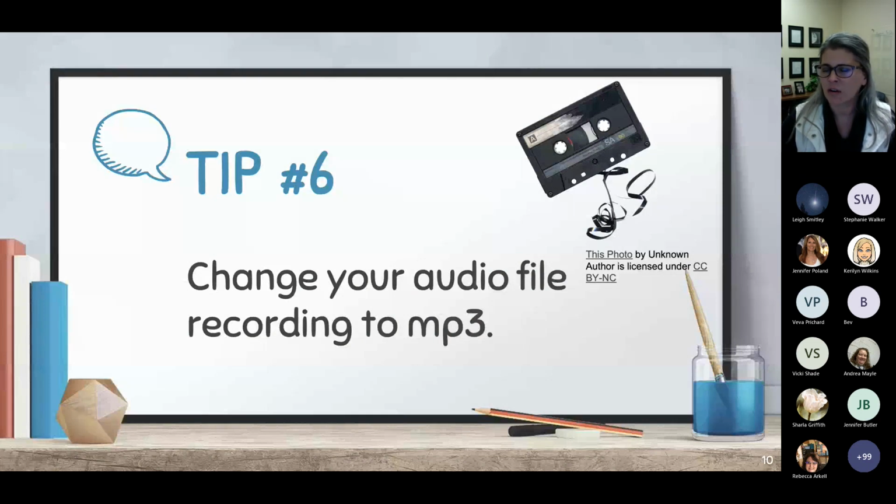But we're getting a lot that are actually video files. We can't transcribe video files. So we're having to go in and change the format of those recordings. It slows our process down a little bit because now we have to do an extra step in the transcription process, whereas if they came to us as MP3 files, it would be much faster.